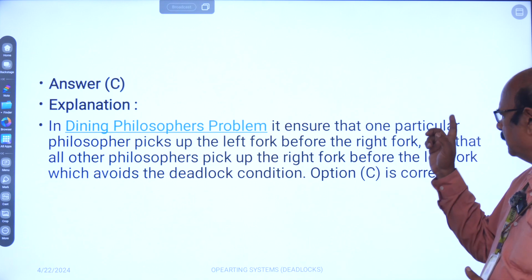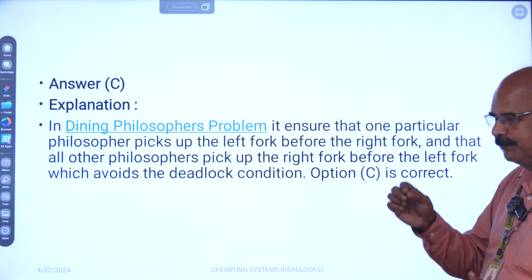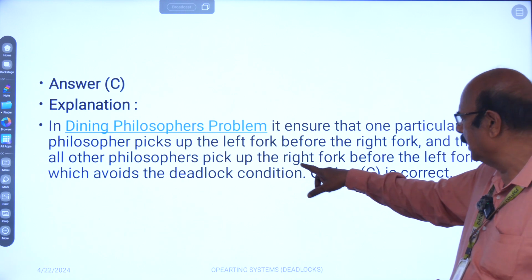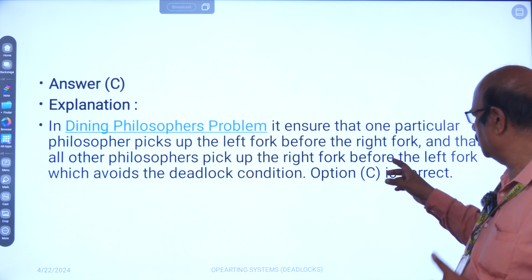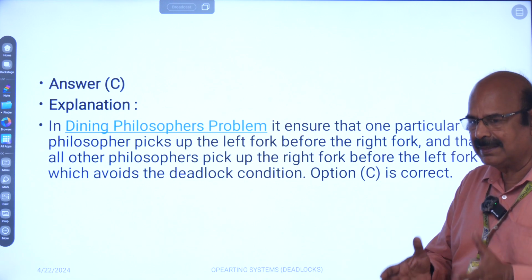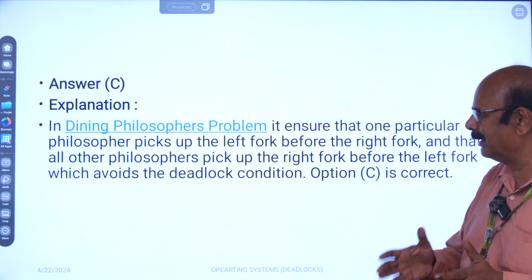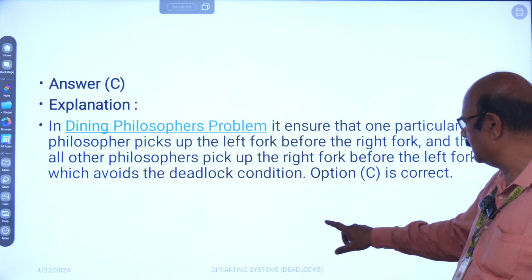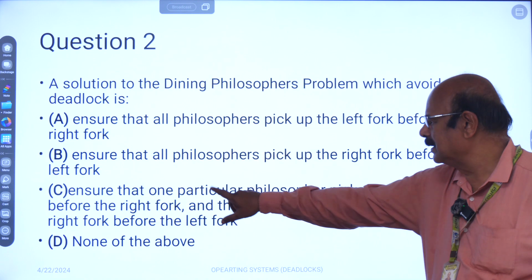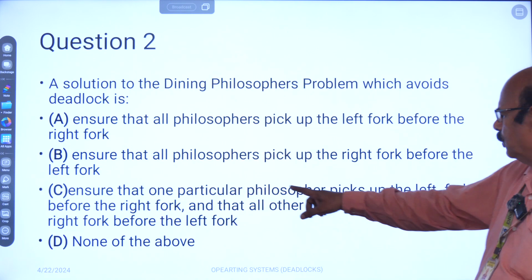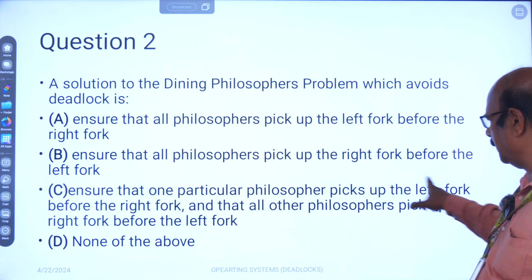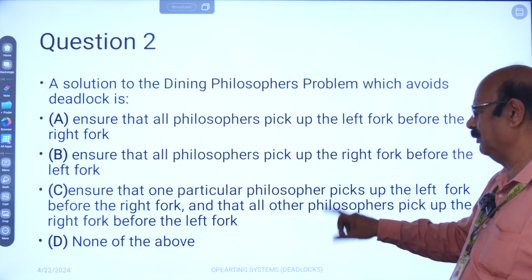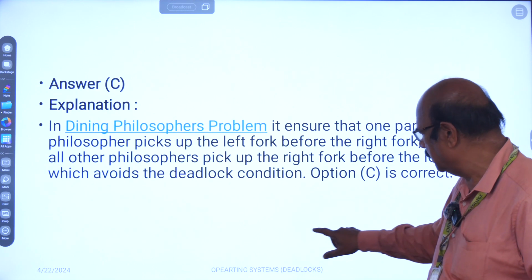When one philosopher is picking up the left fork first, all other philosophers will be picking up the right fork, meaning the fork on the right side of where they are sitting. That avoids the deadlock condition. So option C is the answer for this one.